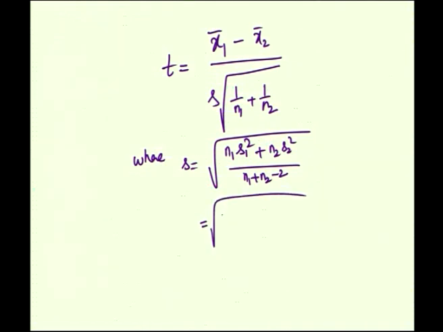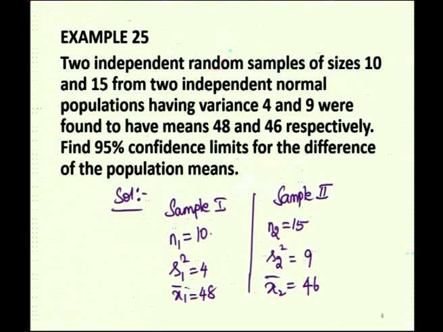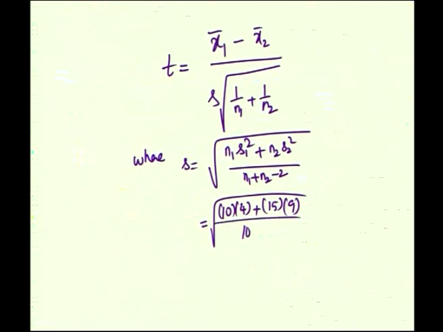Write down all the values from the tabular column. Now, 10 into 4 plus s2 square is 15 into 9, isn't it? 10 into 4 and 15 into 9 divided by 10 plus 15 minus 2, and this value happens to be 2.7583. This is the S value.